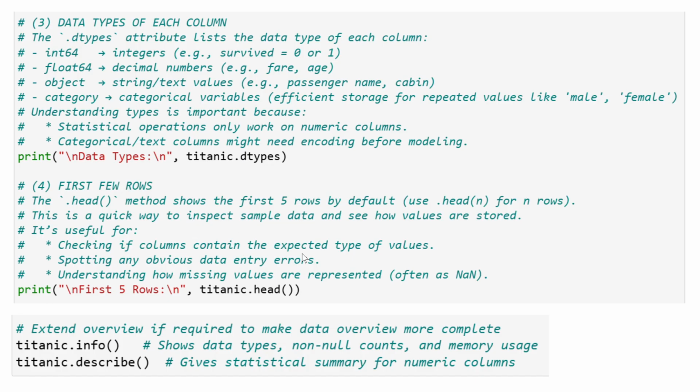Then I will look at how the dataset looks by displaying the first 5 rows by default. So here I will use the dot head method. The dot head method shows the first 5 rows by default.